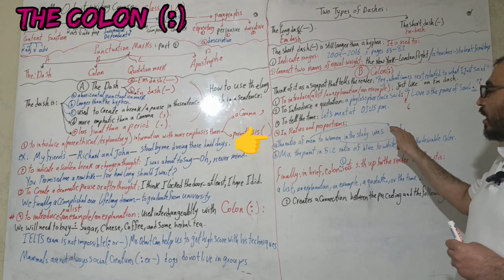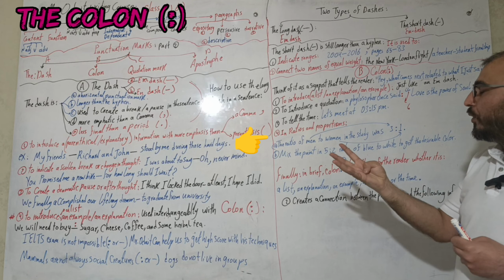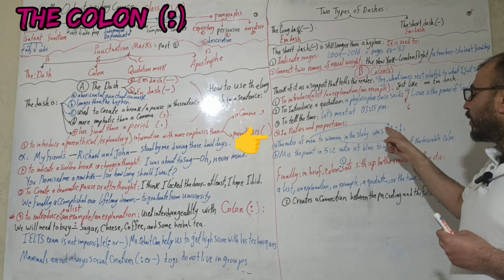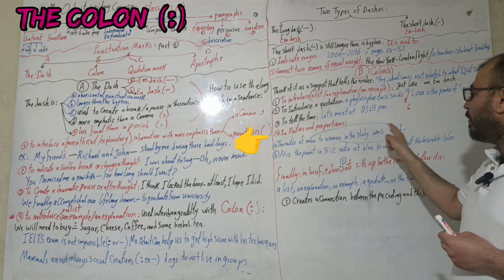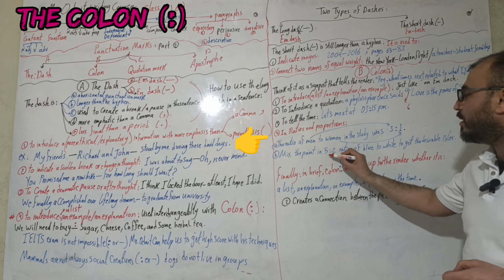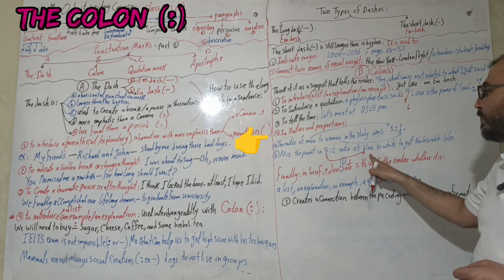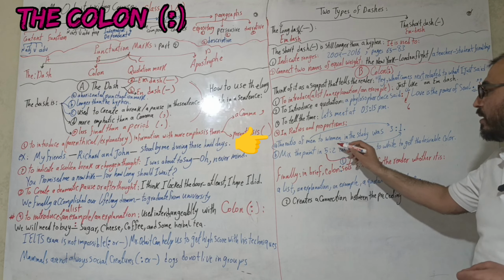It means each 4 people surveyed contained 3 men and 1 woman. And here, mix the paint in a 5:2 ratio of blue to white. In here it means every 5 liters, let's say 5 kilograms, of blue paint needs 2 kilograms or 2 liters of the white one to get the desirable color.